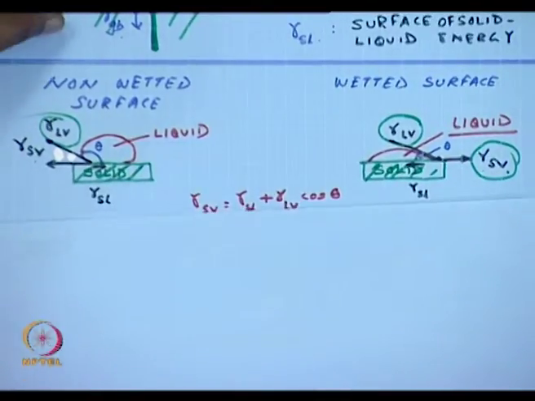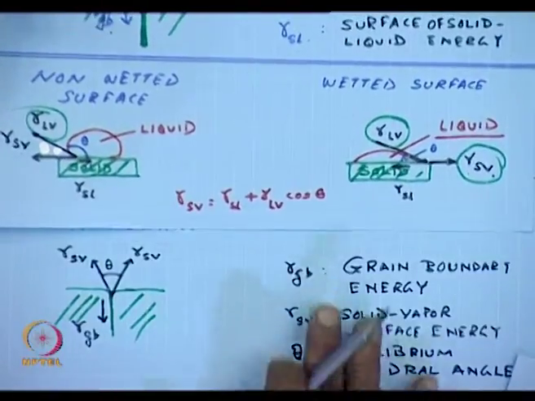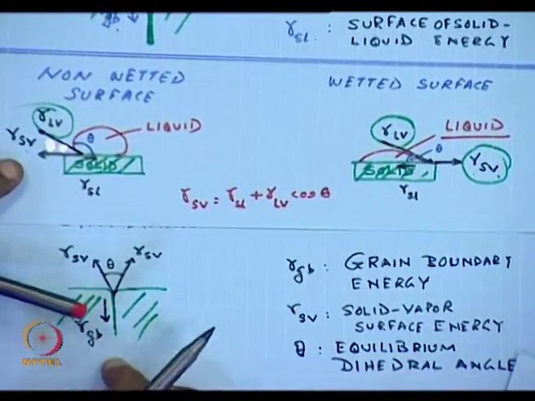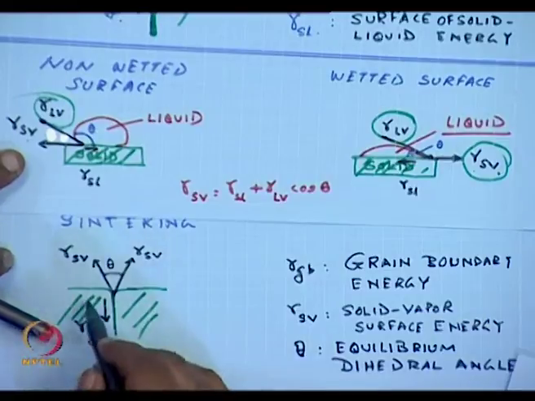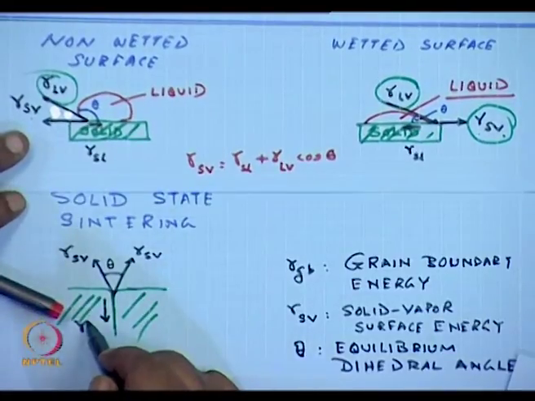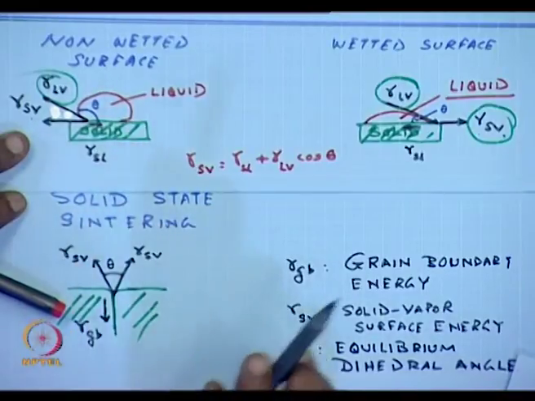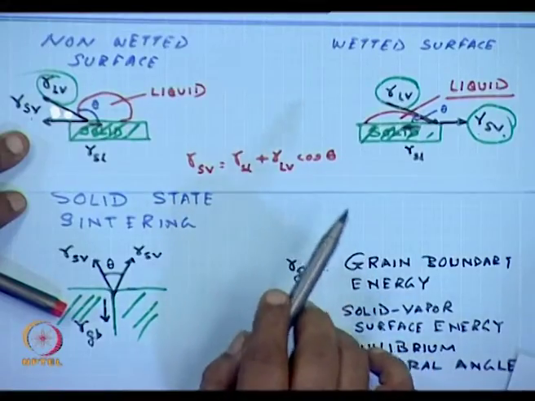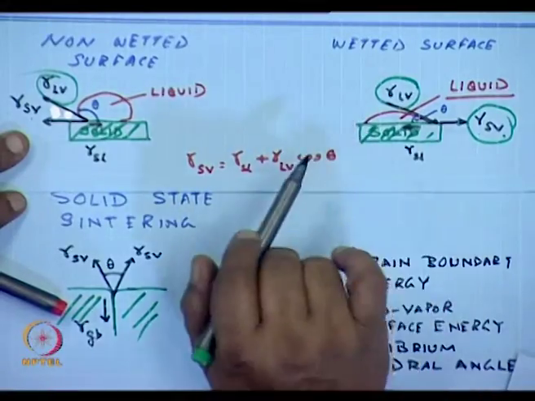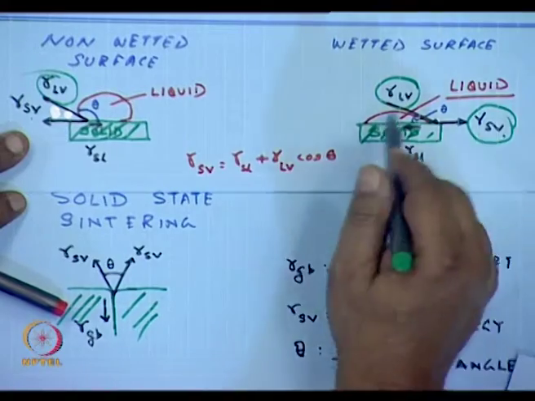In contradistinction, here you have solid state sintering, and here you have liquid state sintering. You can see there are more free energies which come into play, like the liquid vapor free energy which has come in here.